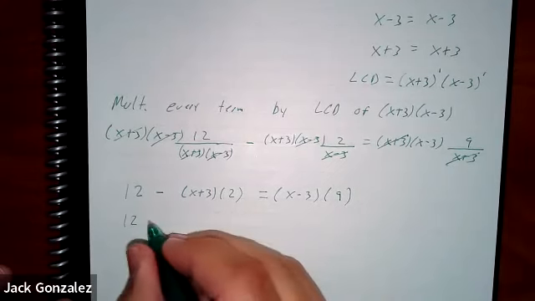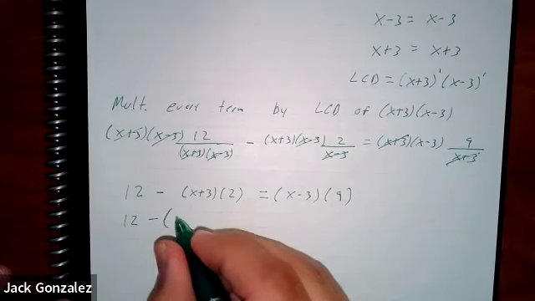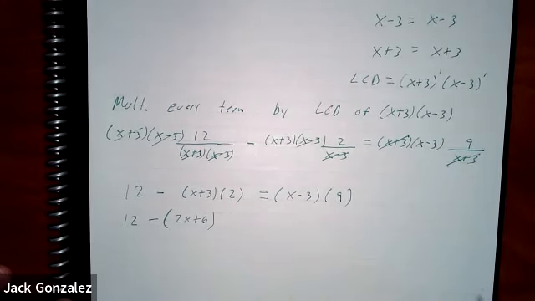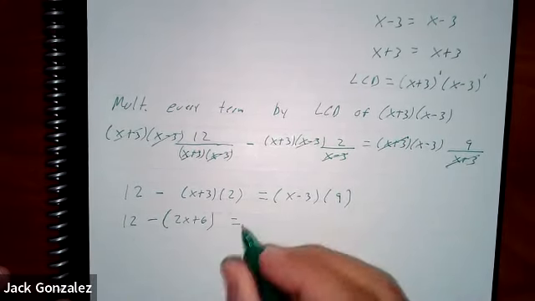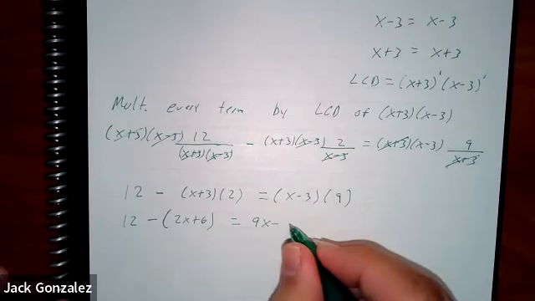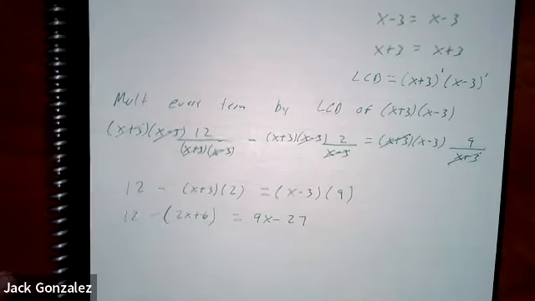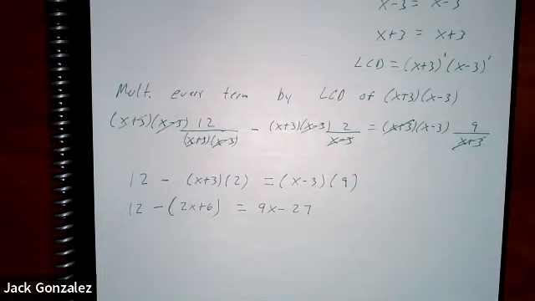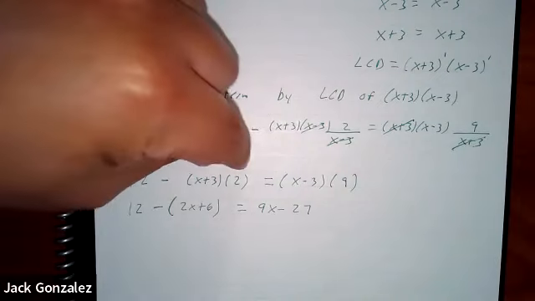Distribute the 2, you're gonna have negative 2x plus 6. Distribute the 9, you're gonna have 9x minus 27. Do the parentheses on the second line for 2x plus 6, because the minus is on the entire thing.